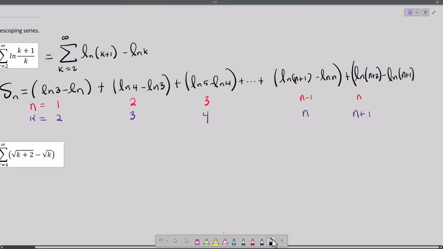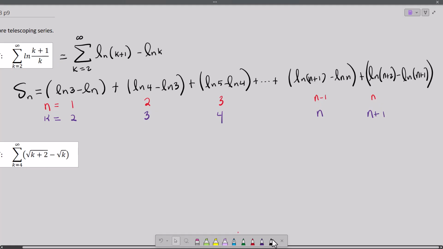So this is the nth term right there. And now we'll do our telescoping business. It looks like I forgot a number here. This should be ln of 1 right there, right? Ln of 2 right there. Should be a 2, because we're plugging in k equals 2 to get this first term. So plugging in a 2 there and there.